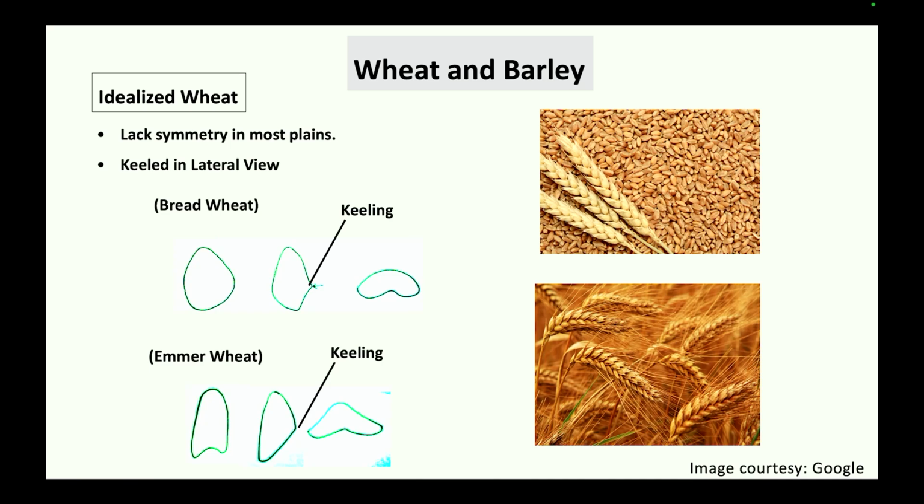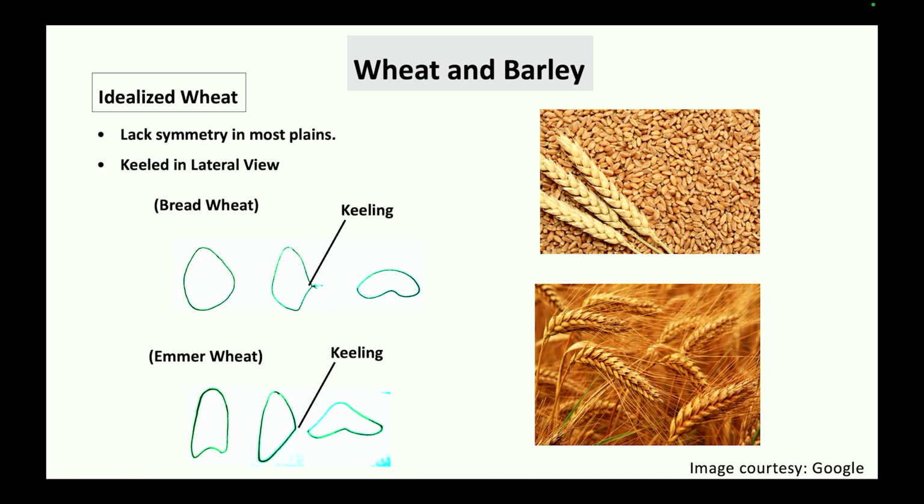Bread wheat is a hexaploid species widely cultivated today for its high gluten content, which makes it ideal for baking leavened bread and other baked goods. It evolved through hybridization, including emmer wheat as one of its ancestors.